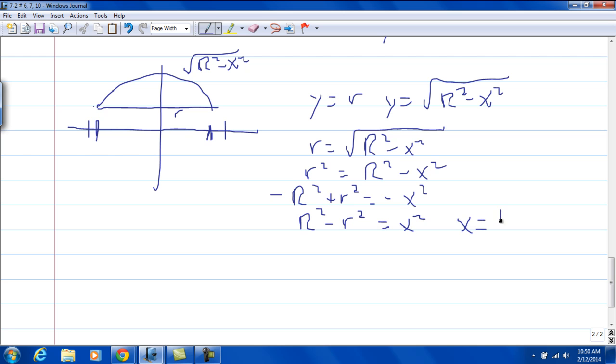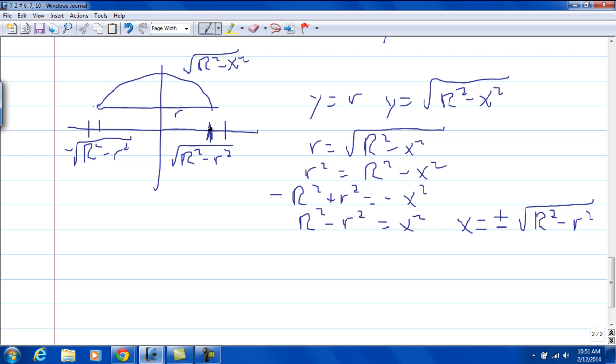So x would be equal to plus or minus the square root of capital R squared minus little r squared. Over here we'll have the negative square root of capital R squared minus little r squared, and over here we'll have the positive square root of capital R squared minus little r squared. So that's this one here.